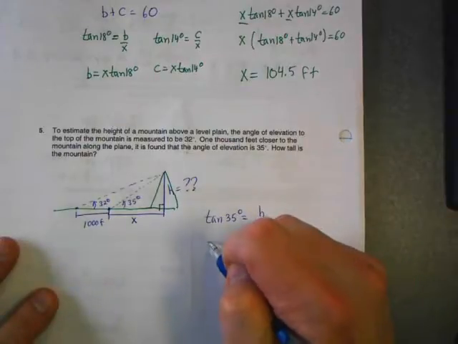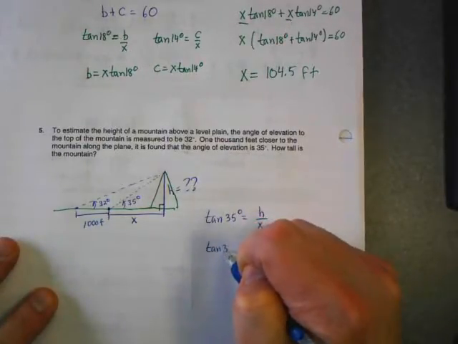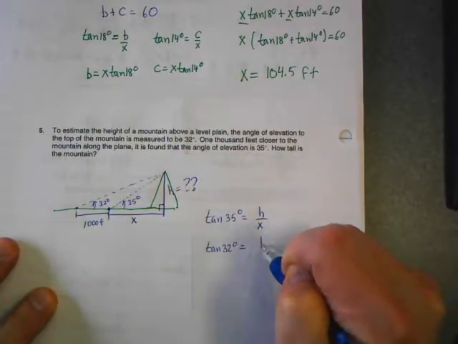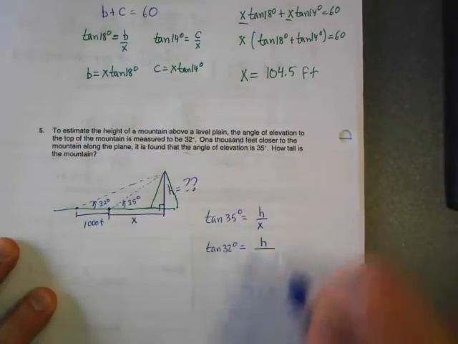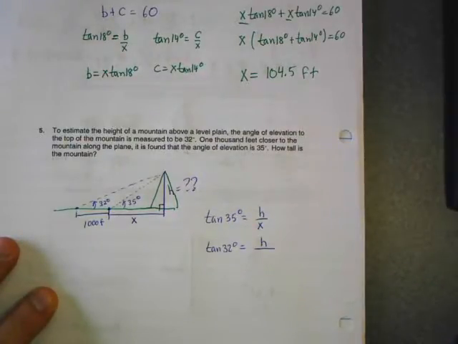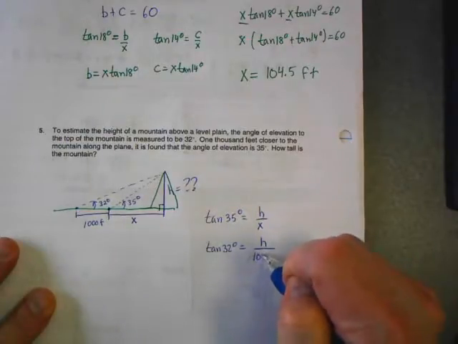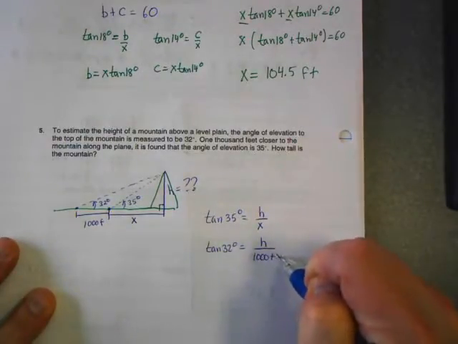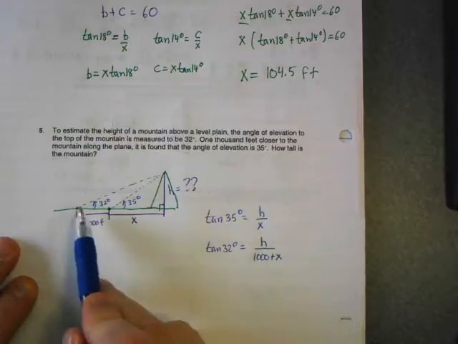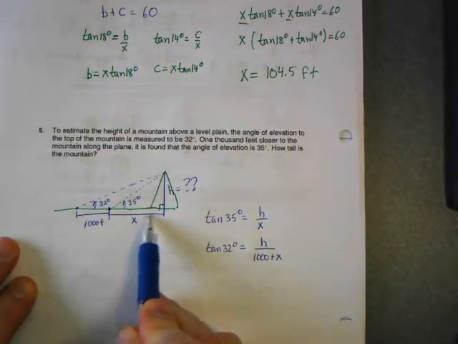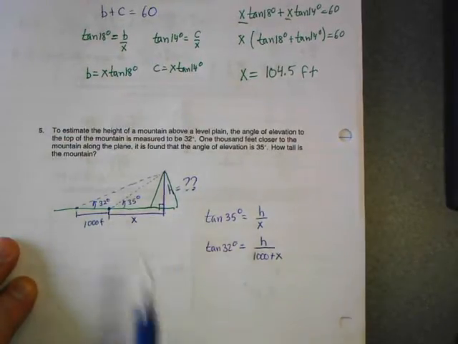All right, so tangent 32 degrees would be opposite, which is H, divided by, not 1,000, 1,000 plus X. Why is it 1,000 plus X? It's got to be the entire distance, which is 1,000 plus X.